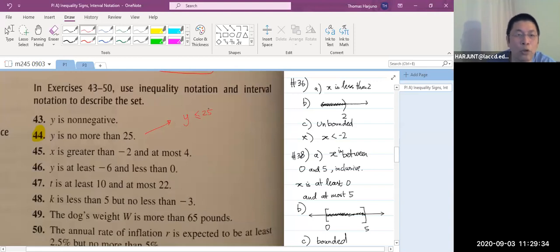Right? No more than 25 means less than or equal to. Now in interval notation, let's sketch the graph first. It's at most 25, right? So the interval notation will be from -infinity up to 25 with a bracket.